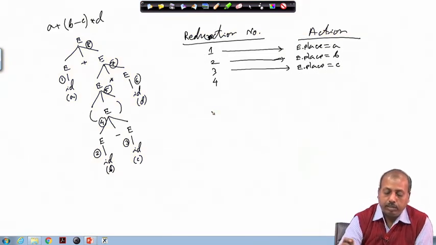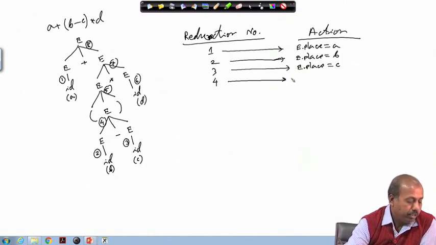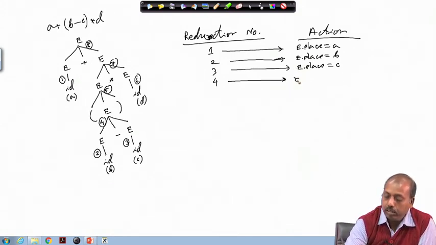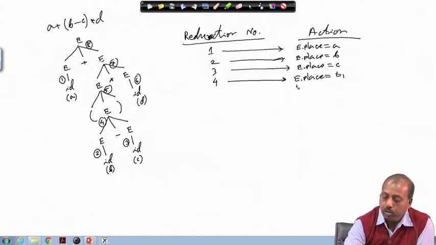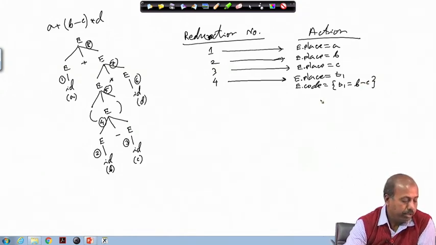So, at reduction number 4, I will have E dot place equal to T1, and I will generate a code, E dot code, it will have T1 equal to E1 dot place minus E2 dot place, that is B minus C. So, this code will be there.